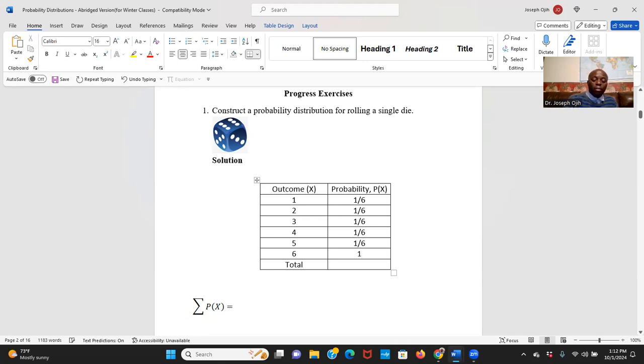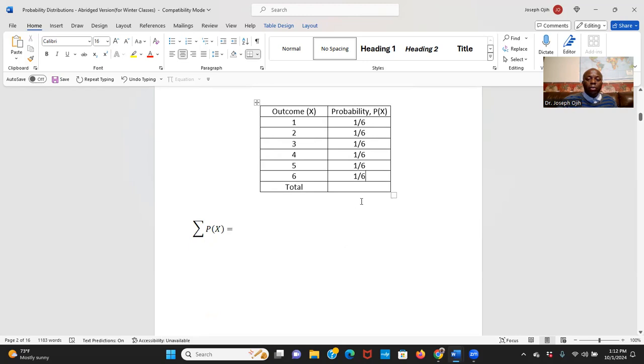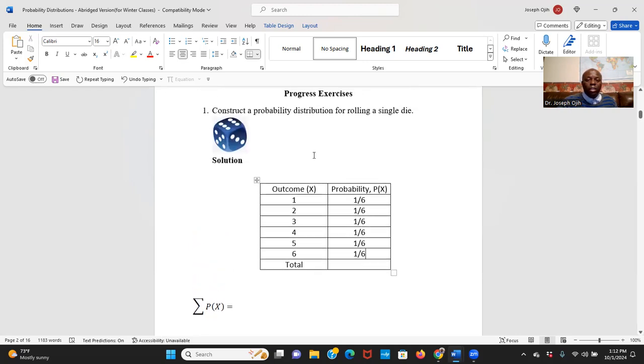So now that we have all the outcomes with their corresponding probabilities, we are done, because the question says construct a probability distribution for rolling a single dice.